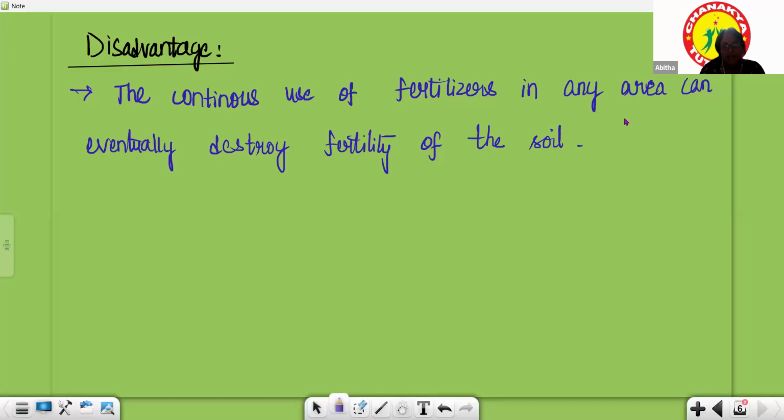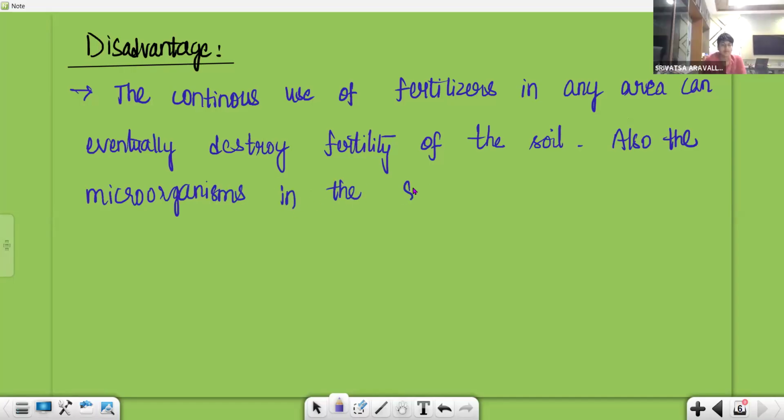As well as, the microorganisms in the soil are harmed.